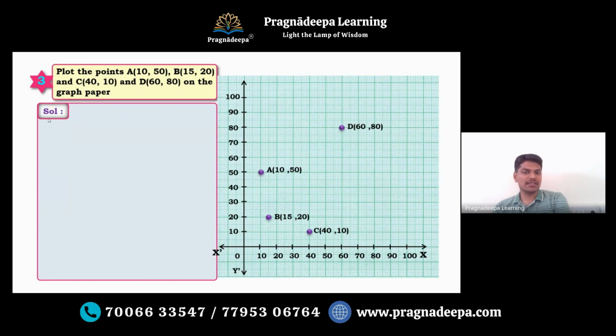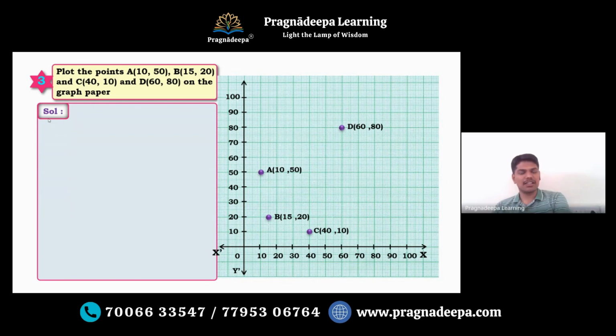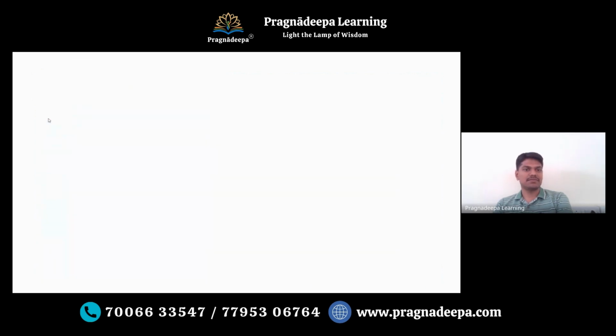Will you get a quadrilateral? Yes, sir. But you don't know the name of that quadrilateral. Let us not worry about it because it is not a rectangle or a rhombus or a square or a trapezium or whatever. But it is not a linear graph. Will you agree? Yes.